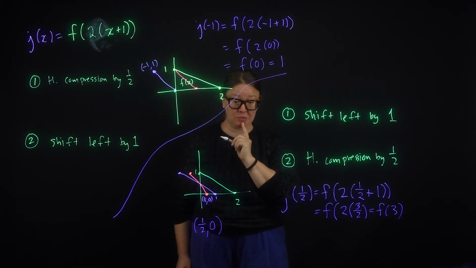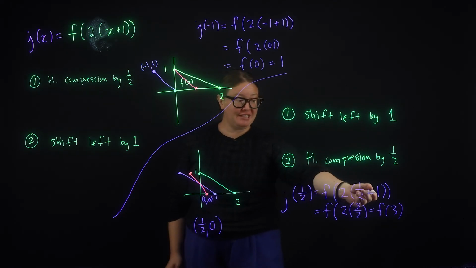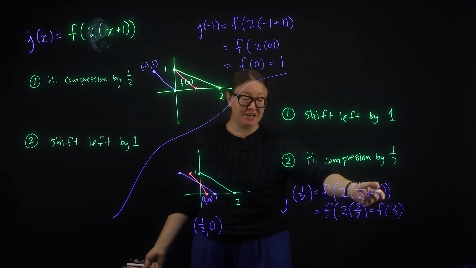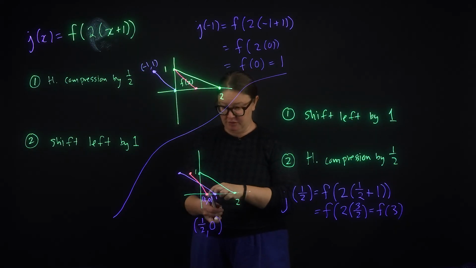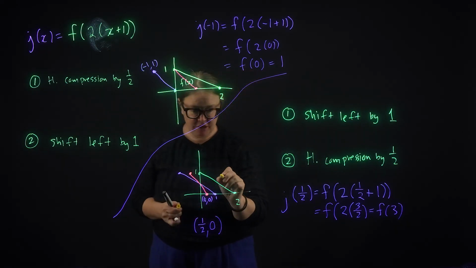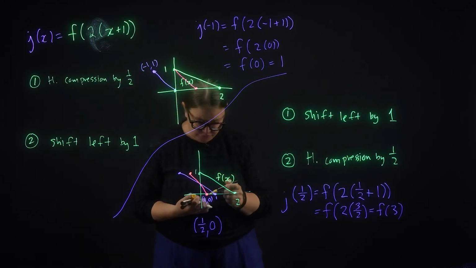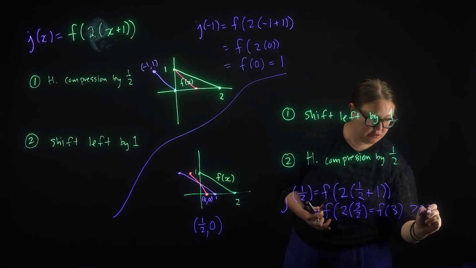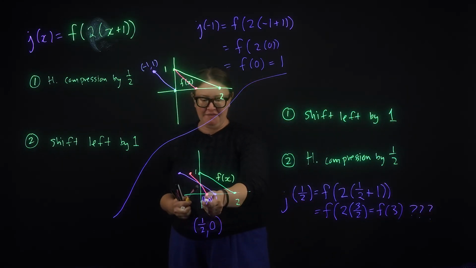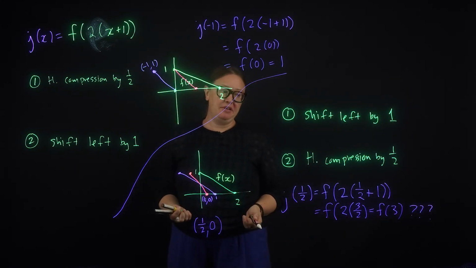Can you see what is wrong? My function f isn't even defined at 3. I've given it an input now, which is not even in the domain of f of x. Okay, so this was our original f of x here. So something is wrong. I have given it something that I can't even compute.